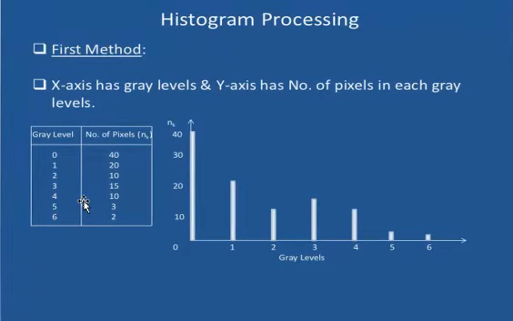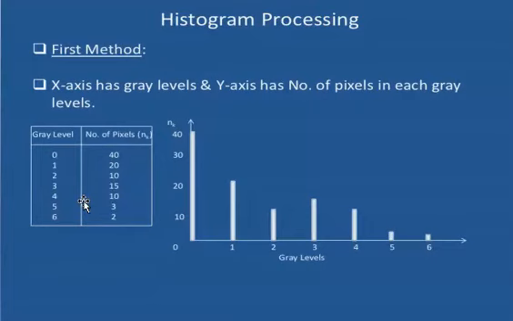Firstly, this table consists of two columns. One is the gray level, and the other one is the number of pixels, like Rk and Nk or H of Rk, right? So firstly, we should concentrate on gray levels in the image. If it is an 8-bit image, it has 0 to 255 levels, so total 256 levels.